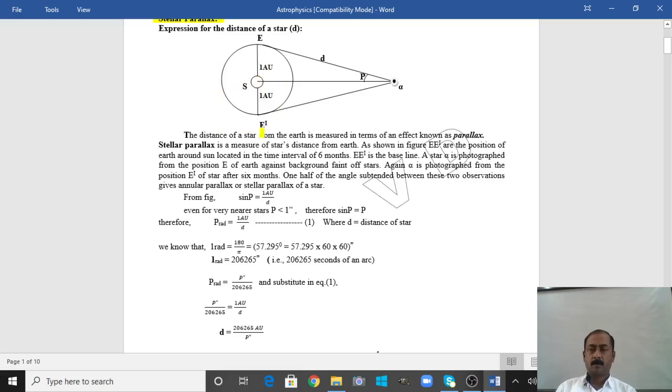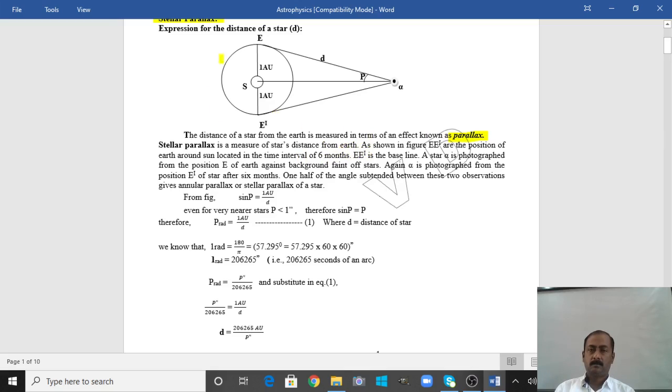The distance of a star from the earth is measured in terms of an effect known as parallax. That is said to be parallax. Now, what do you mean by stellar parallax? Stellar parallax is nothing but a measure of a star's distance from the earth surface.